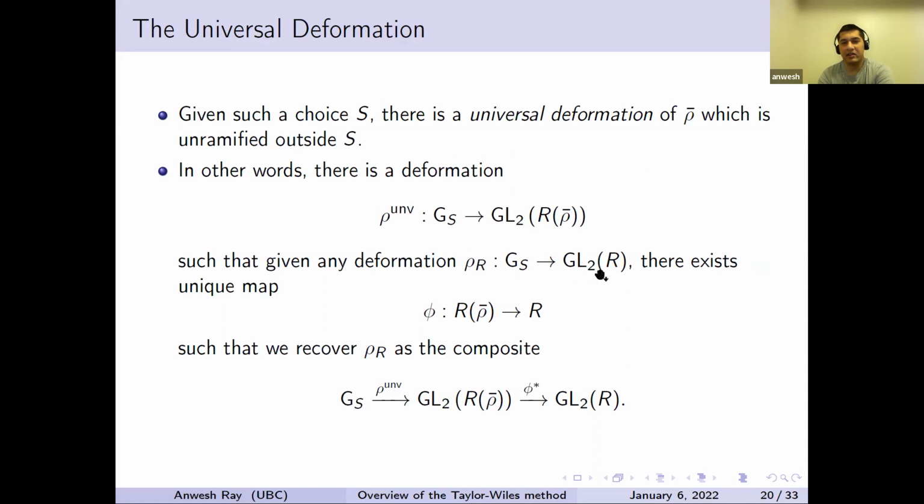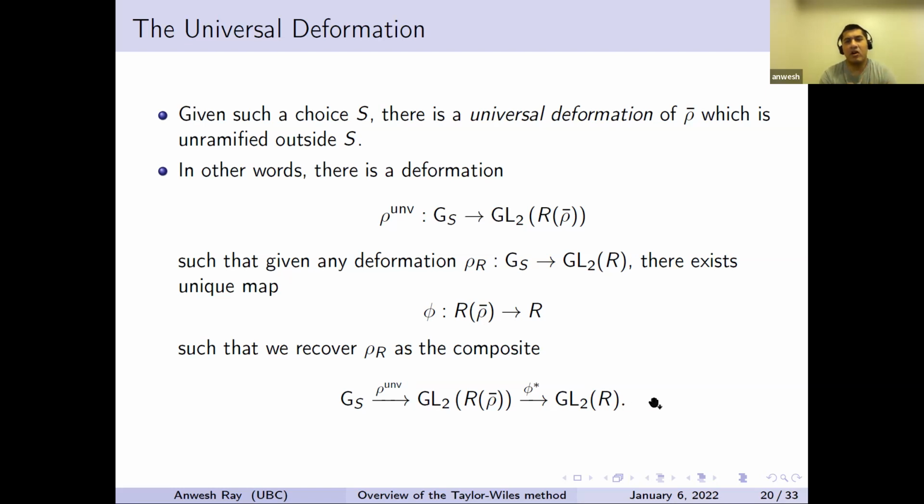If I take any other deformation rho_R, I can take the universal deformation and compose it with another map to obtain rho_R. In other words, for every rho_R, there exists a unique map from R_rho-bar to R such that the composite is rho_R.